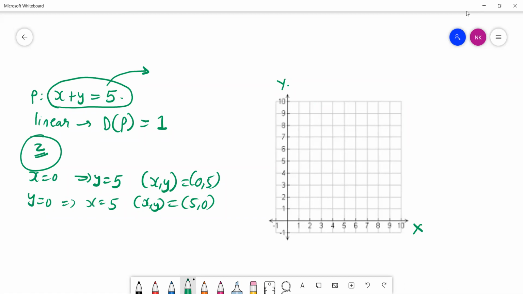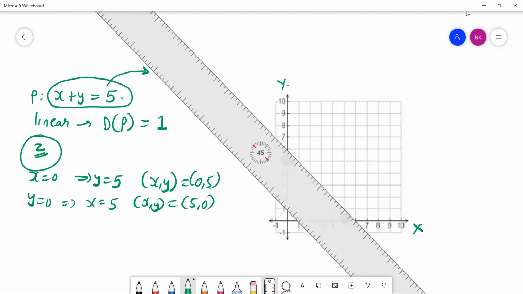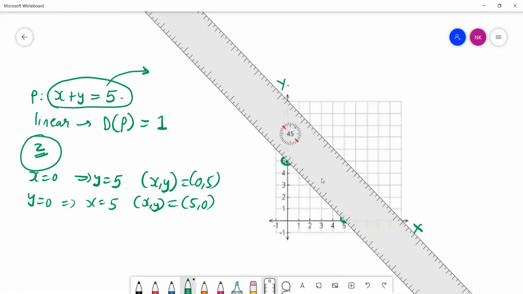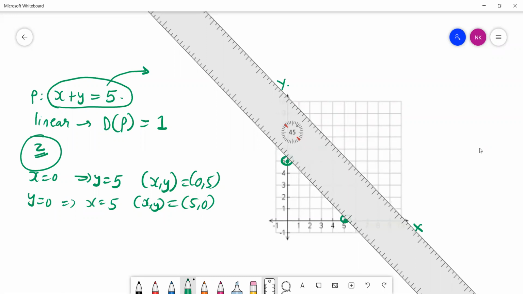So let's plot 0 comma 5: 0 on the x-axis, 5 on the y-axis. So this is the point. 5 comma 0: 5 on the x-axis, 0 on the y-axis. So this is the point. Now take the scale and adjust it, and you can draw the line.